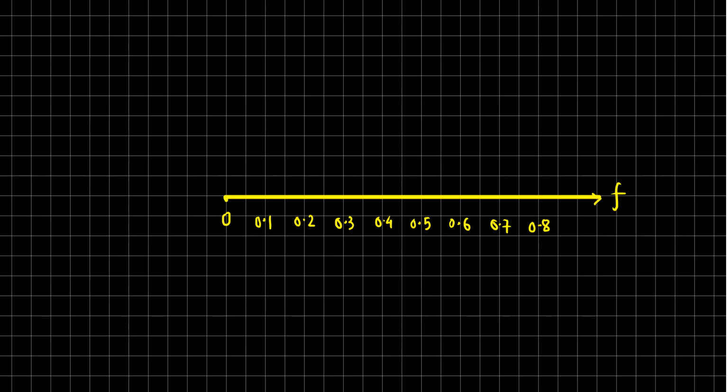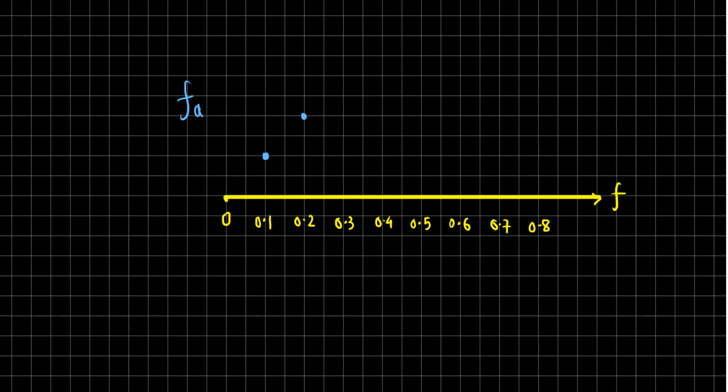For small f equals 0.1, you'll get fa equals 0.1. For small f equals 0.2, we get fa equals 0.2.